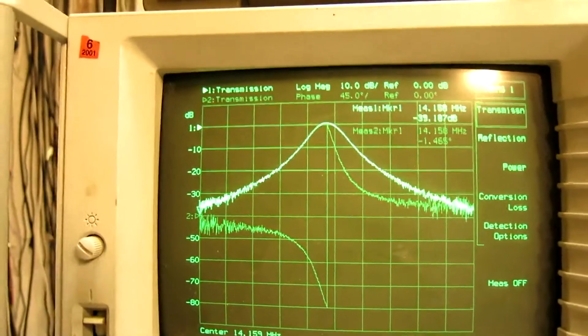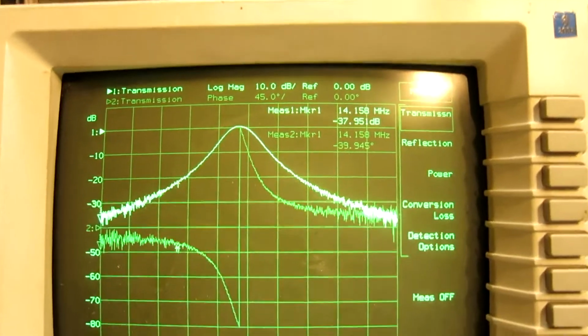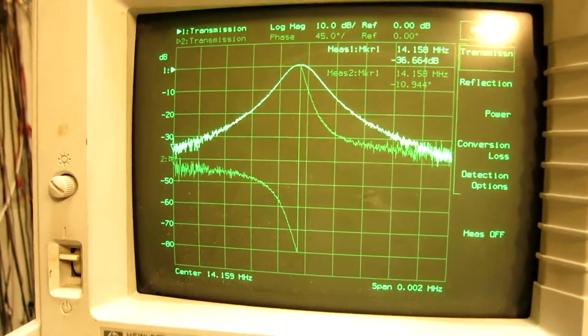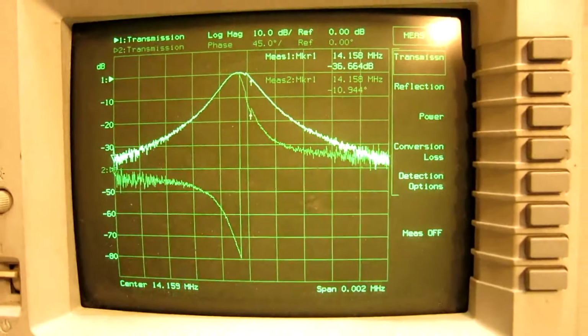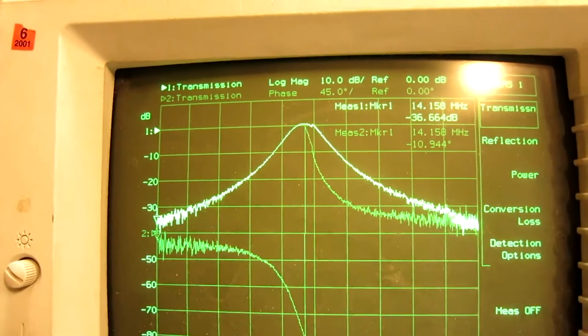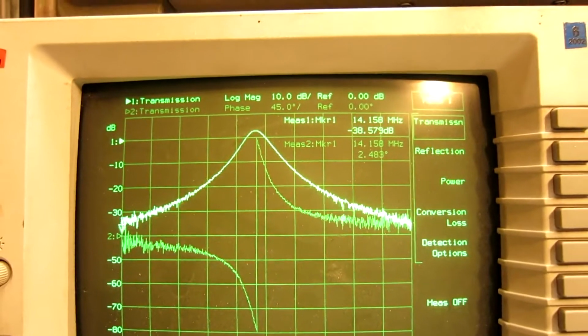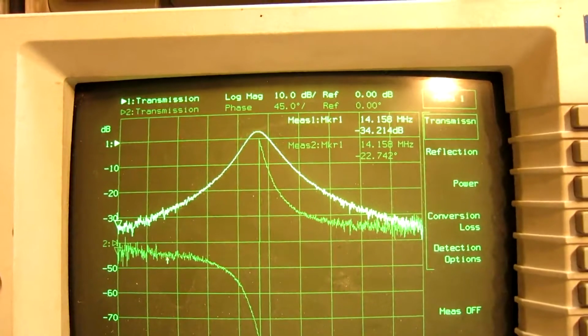Now I insert a little bit of feedback. I press 10 decibels. And you can see the signal becomes a little bit stronger.